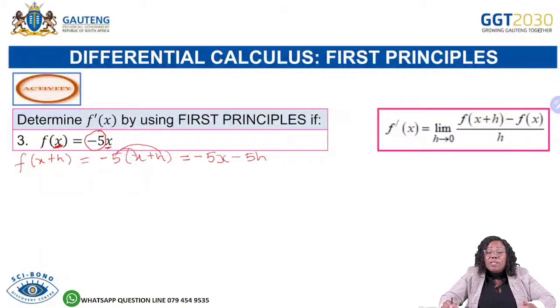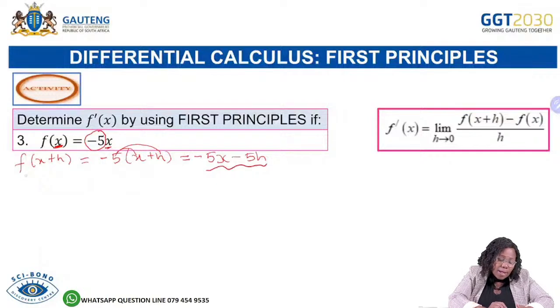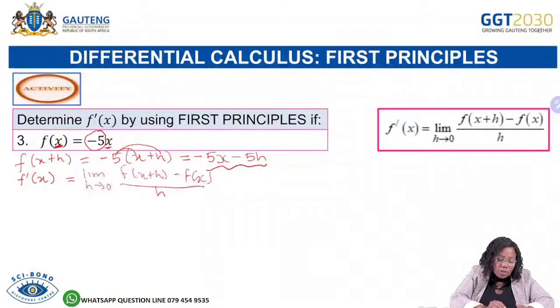We are simply distributing the minus 5 into the bracket. So this will be our f at x plus h. Then we can now substitute into the first principle formula. It states that the derivative of f at x is equal to the limit of h approaching 0 of f at x plus h minus f at x over h.